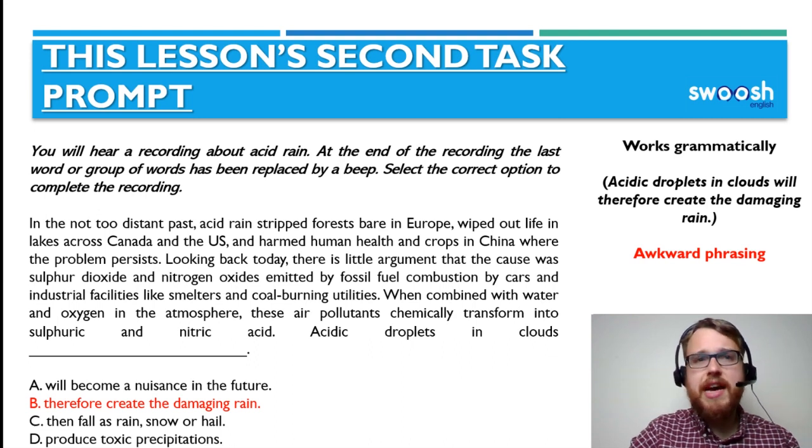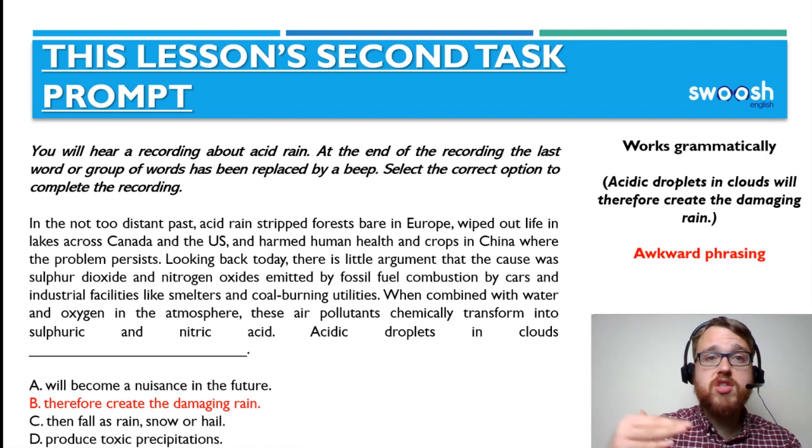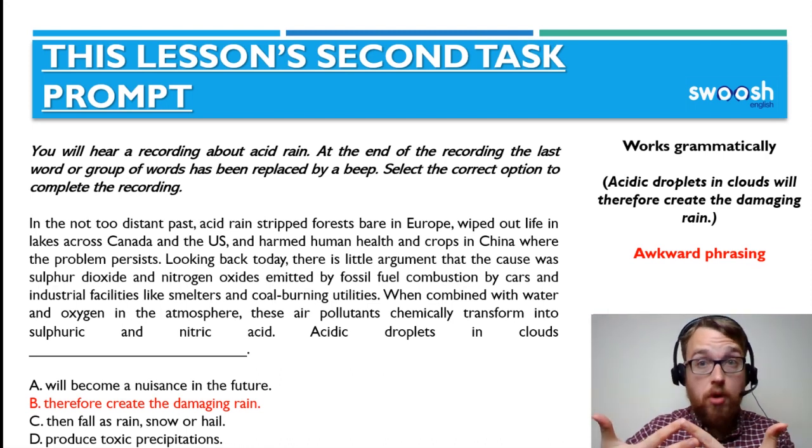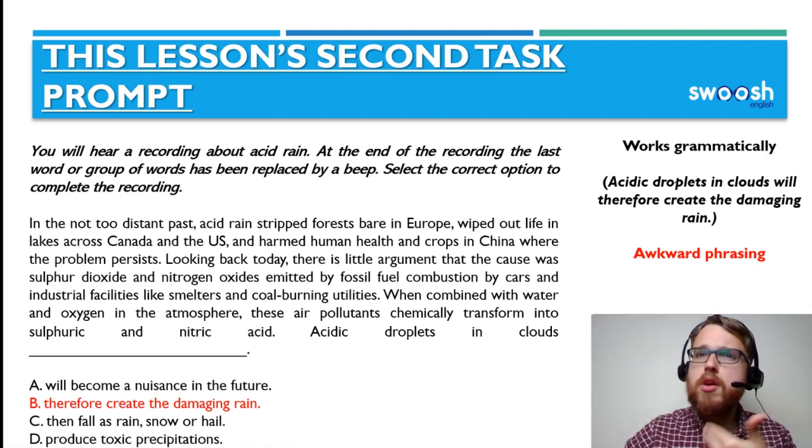You don't need to have an article there. And if we compare that to our other answer, C, after all both answers are talking about the process, then C just makes more sense when talking about a process. It's more specific. This one's a bit more awkward and a bit more vague, so it doesn't work in comparison. And also, why is the article there?